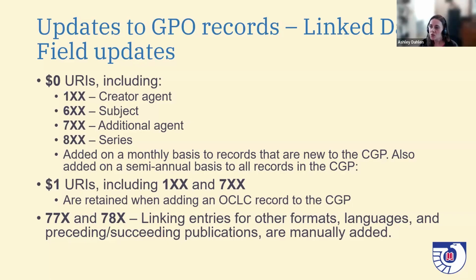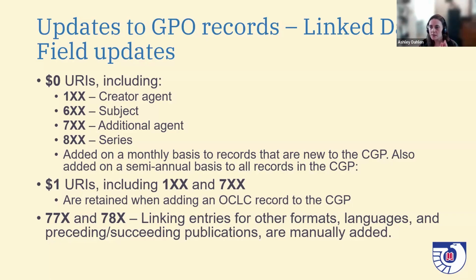When it comes to working with catalog records that are in OCLC, when we pull them over to the CGP, we are going to retain any subfield 1 URIs in the 1XX and the 7XX fields. And these aren't URIs, but they are linked data of sorts.